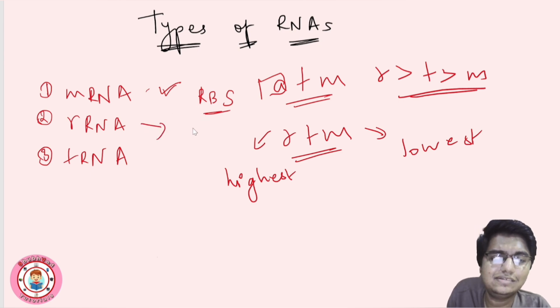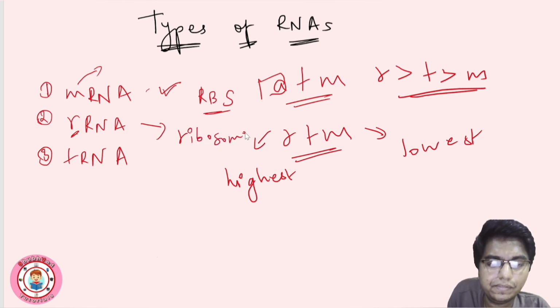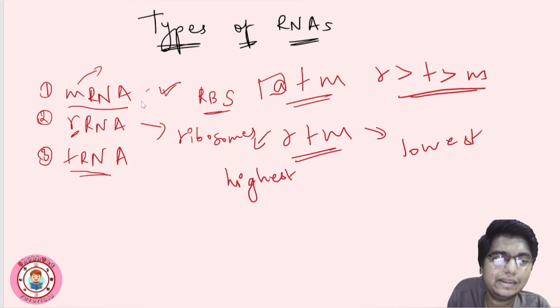rRNA is the ribosomal RNA. Okay, mRNA is the messenger RNA. rRNA is the ribosomal RNA present in ribosomes. Okay, and tRNA is the transfer RNA. Okay, transfer RNA which will bring the amino acid by reading the codons present in mRNA. mRNA में codons है, right?